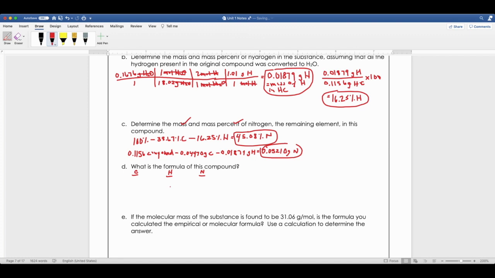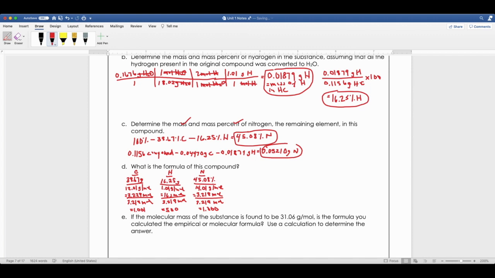So let's see, 38.67 grams, 16.25 grams, and 14.01 grams. I'm going to do this work. You could pause this video and see if you get the same answer as me. I'm just determining the empirical formula. So these are the values I got. Notice that I did make a mistake there.